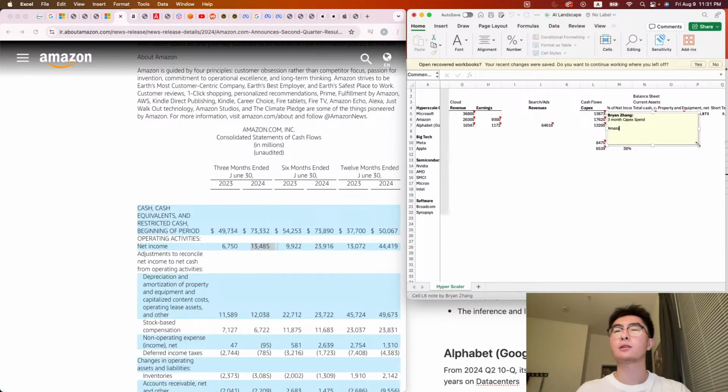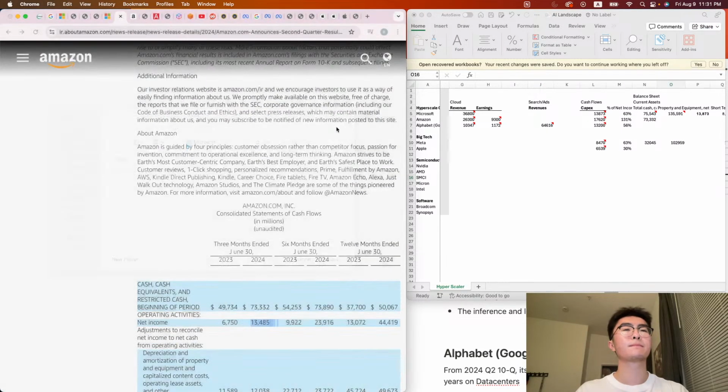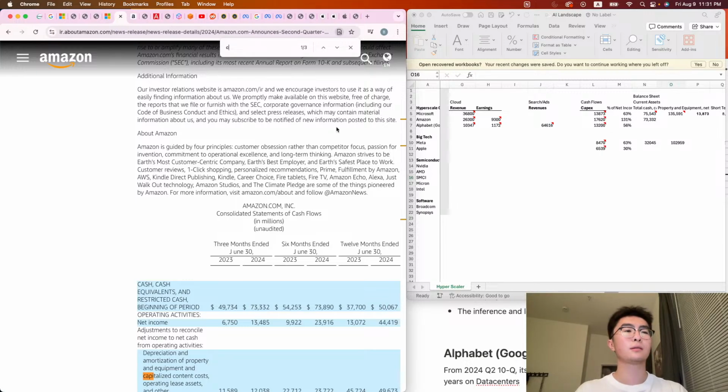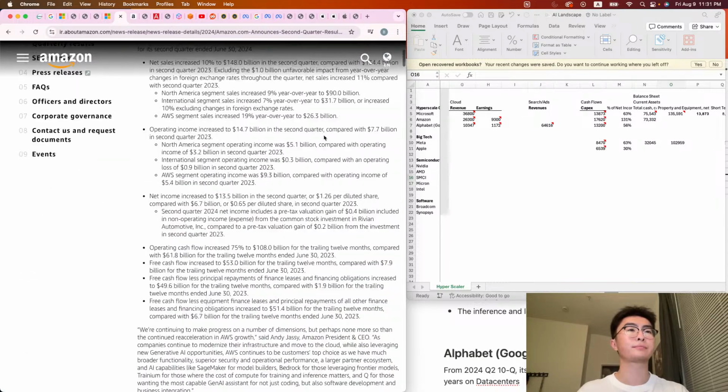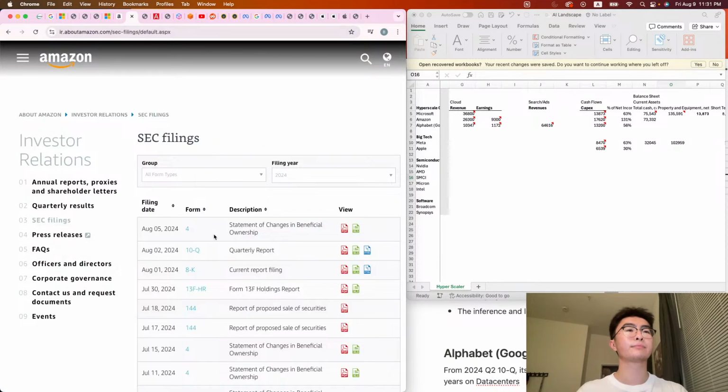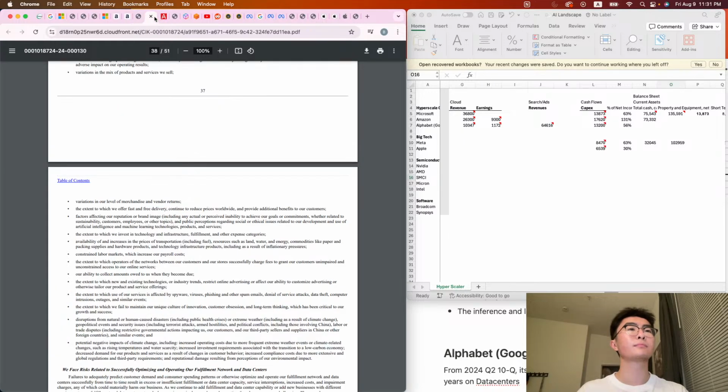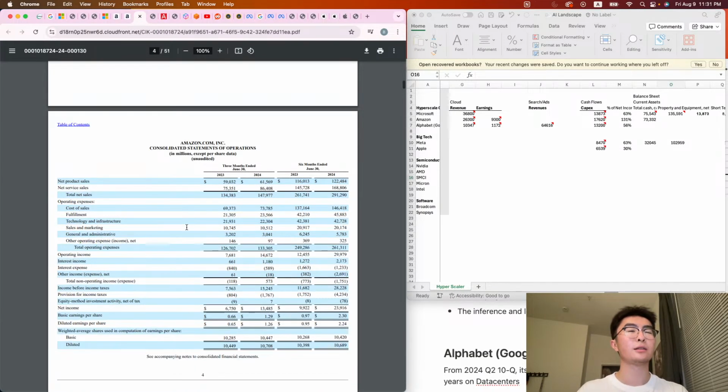So Amazon does seem to be more, Amazon could be more capital intensive to retail business, right? Okay, I think that was the 10Q.